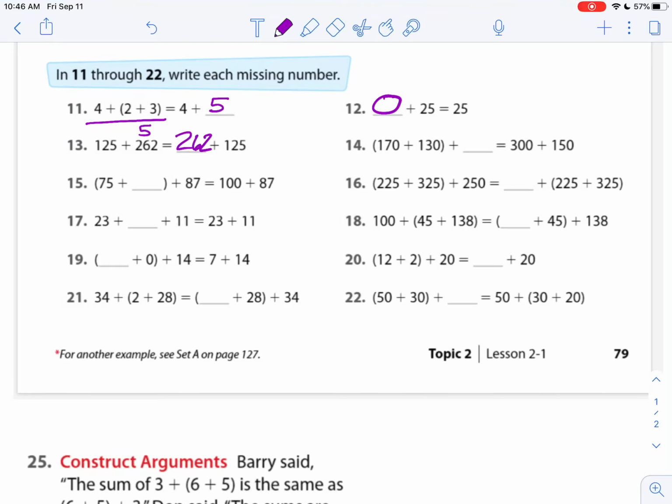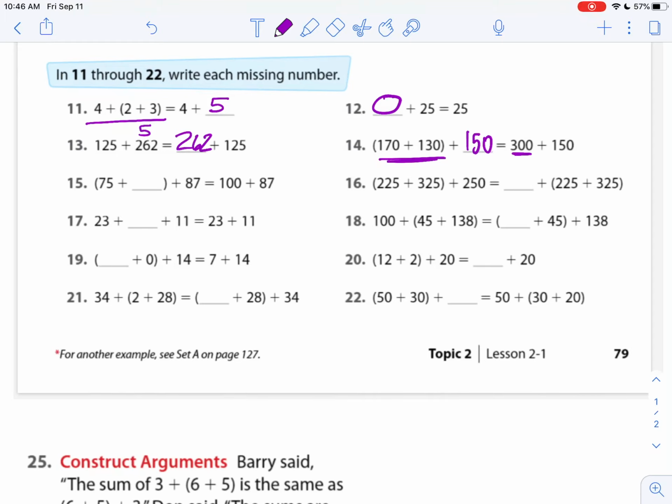Okay, look at number 14. Number 14 has 170 plus 30 plus what equals 300 plus 170 or plus 150. So when I put this together, that is the 300. So what I'm missing over here is the 150.